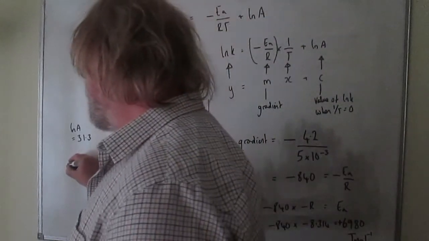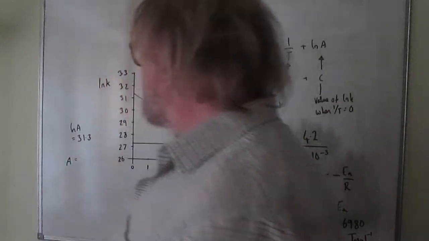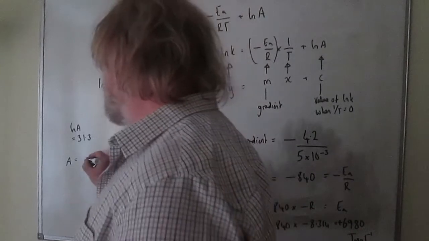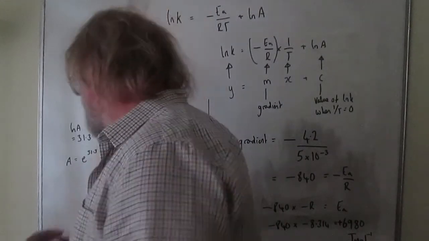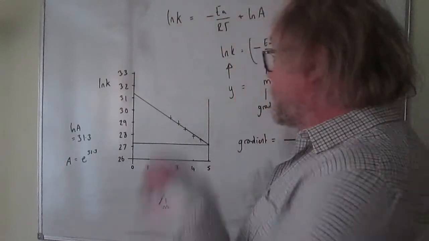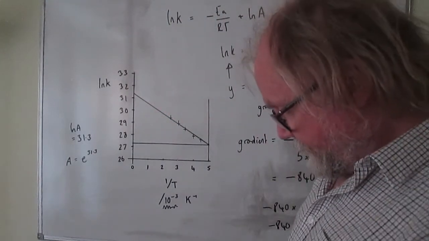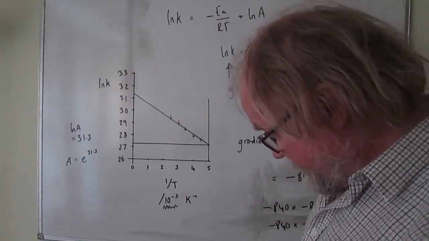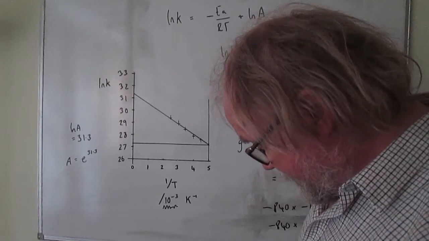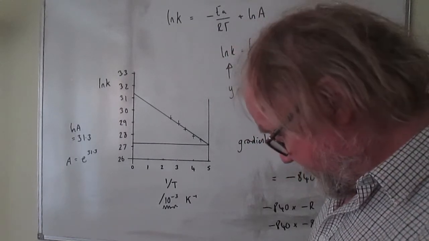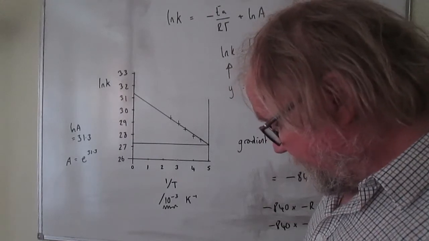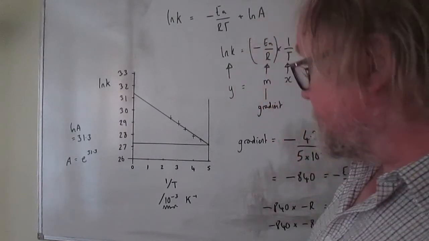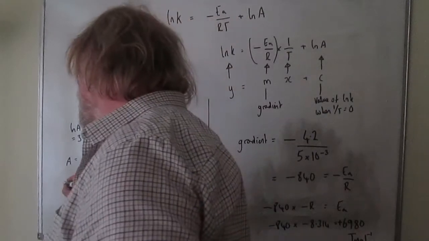And therefore A is the inverse log, which is e to the power 31.3. But on your calculator you can just do inverse of the natural log function. So let's just do that. So we get shift natural log of 31.3 is equal to 3.9 times 10 to the power 13.